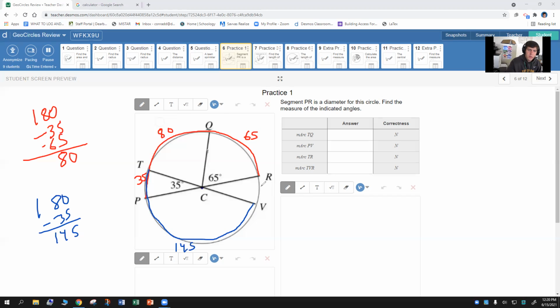Then this small arc over here is also going to be 35, vertical arcs there. From there, we just fill in whatever they are asking us for. The first one is arc TQ, which is 80. The next one is arc PV. We start at P and go to V, and that's going to be 145.